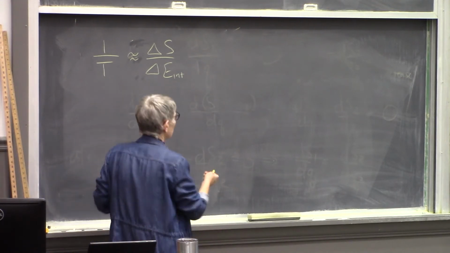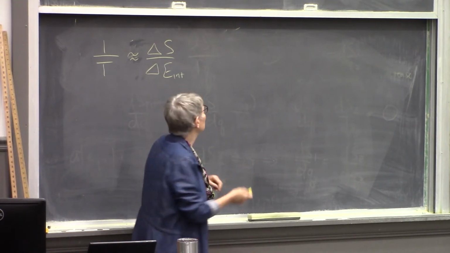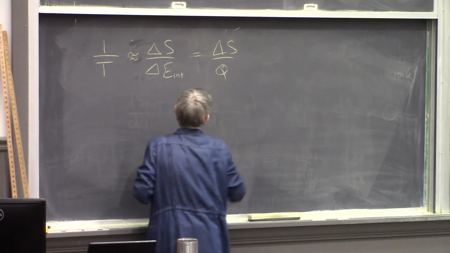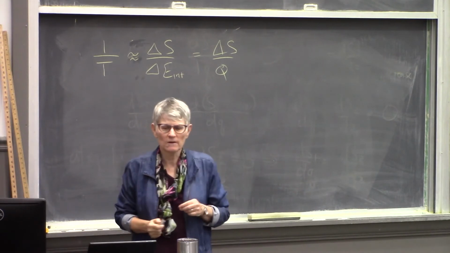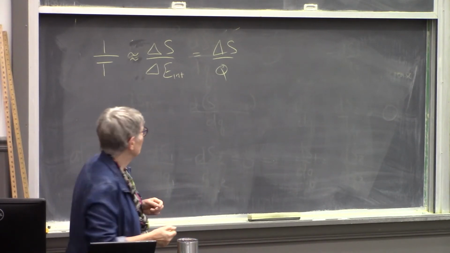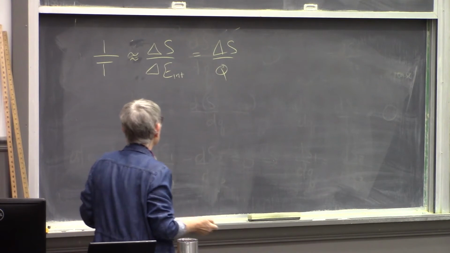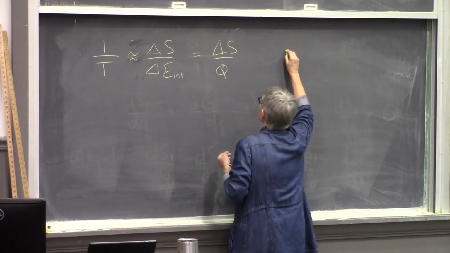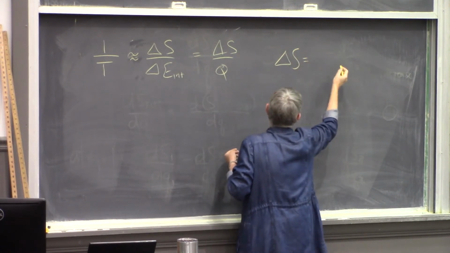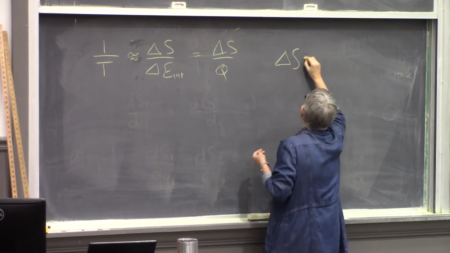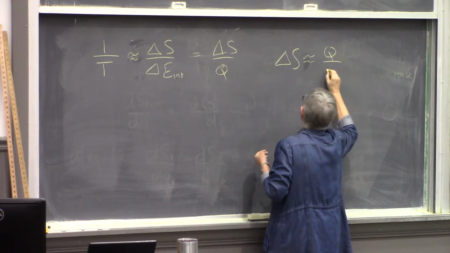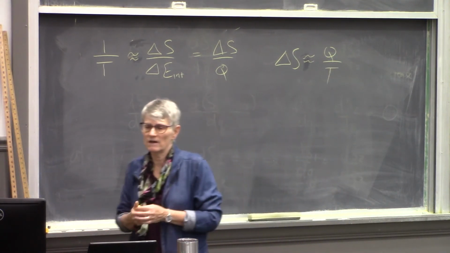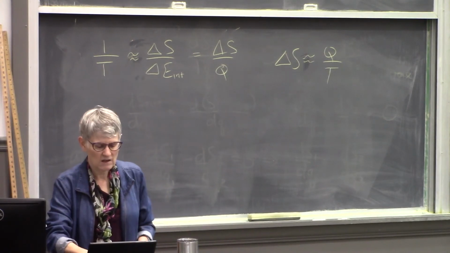In a situation where we're talking about solids and there's no work done, this is going to be equal to delta S over Q. Then we can just rearrange this and say the change of entropy of a system could be calculated by Q over T.